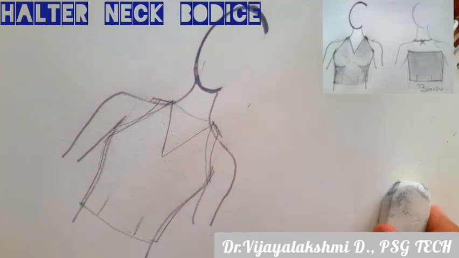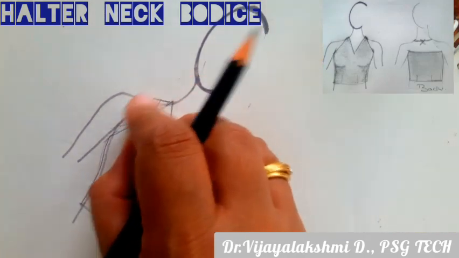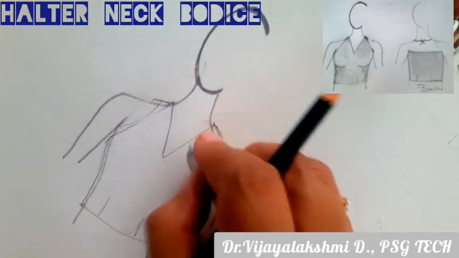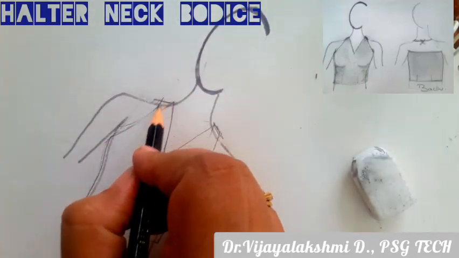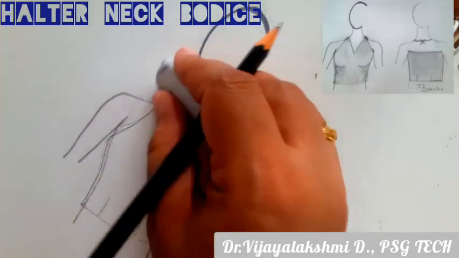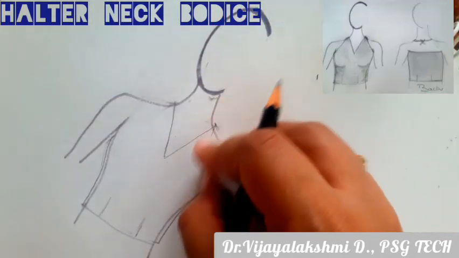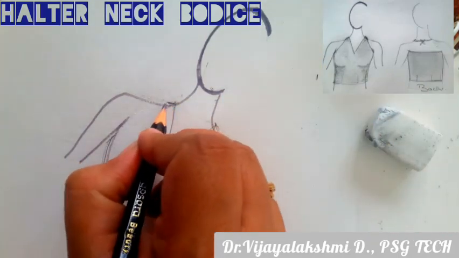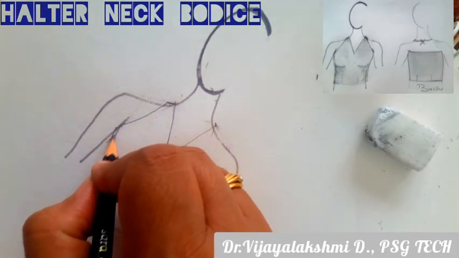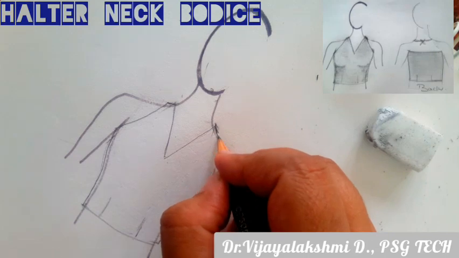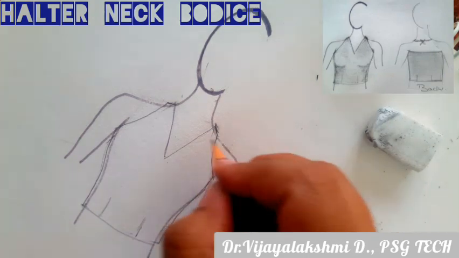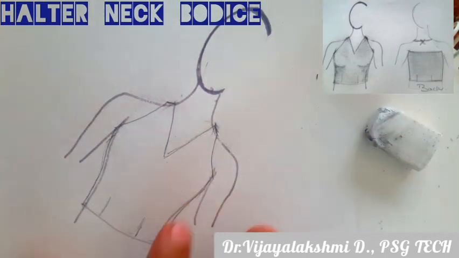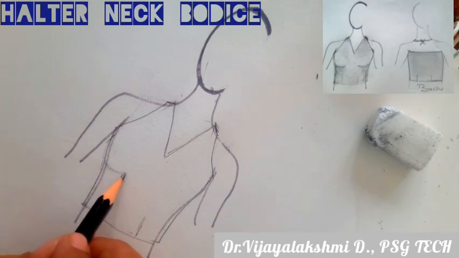Something like this can also be done, but here we're going to just talk around. Very thin strap. Okay, the halter. And obviously it's a tight fitted garment, so your bust area will be a little tight.